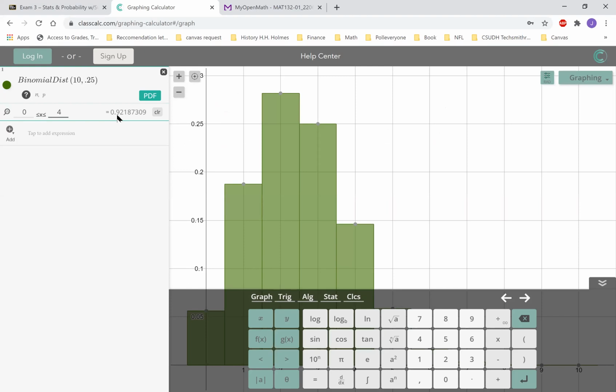If you look right here, you'll get 0.9218, and then you can round the 8 up to a 9. That will be your final answer for that one. Any questions on B?